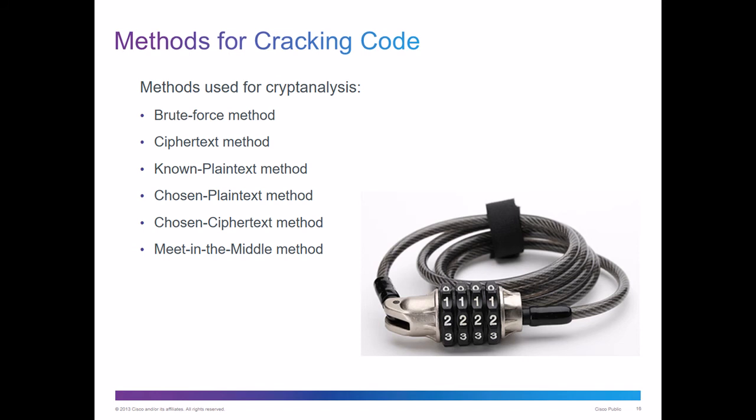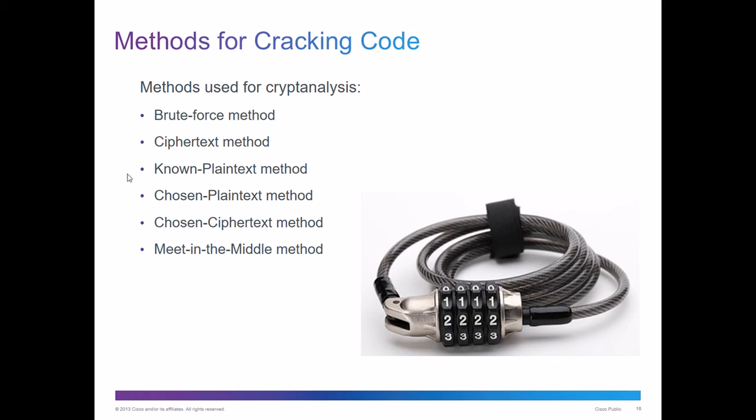So there are several methods on how to crack a code. Here are, and I want you to write these down: the brute force method, the ciphertext method, known plaintext method, chosen plaintext, or man in the middle, meet in the middle.